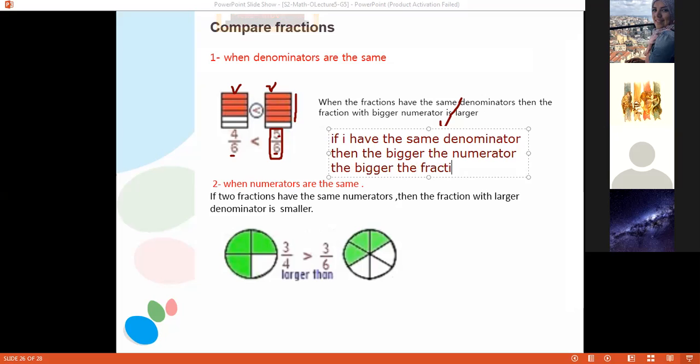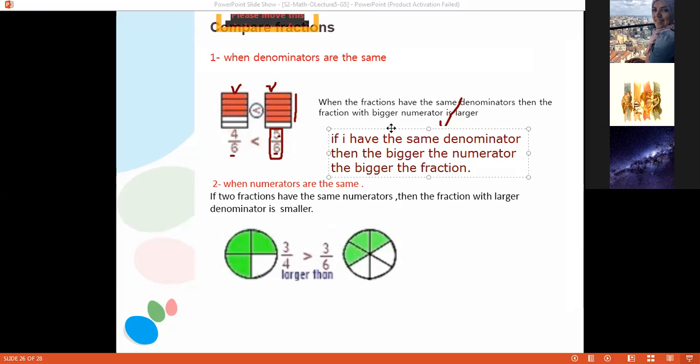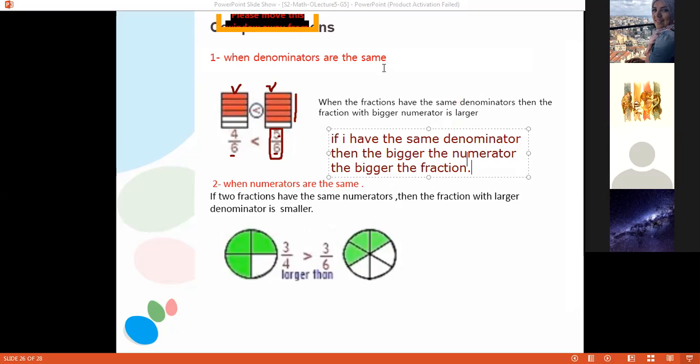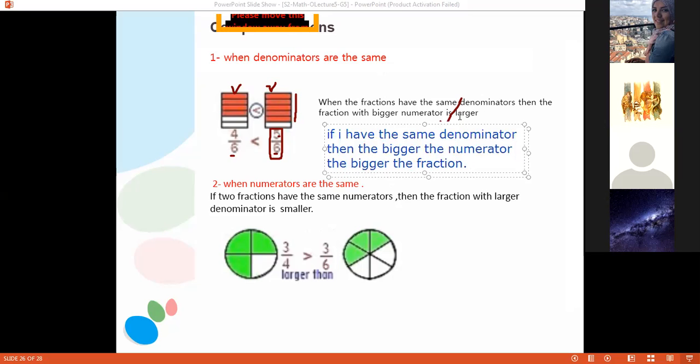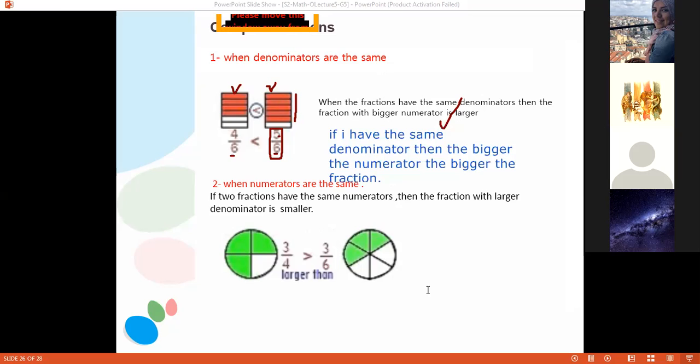If I have the same denominator, then the bigger the numerator, the bigger the fraction. You have to study this sentence. Write it, please, all of you, or take a screenshot and then write it.